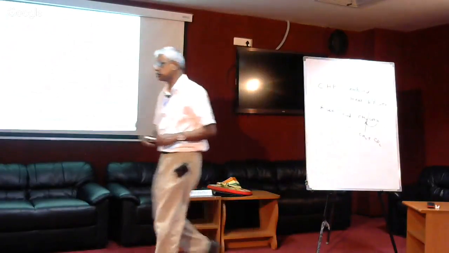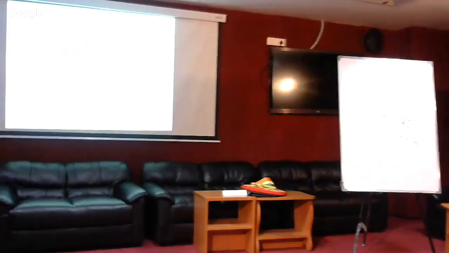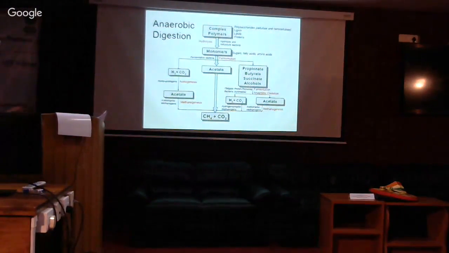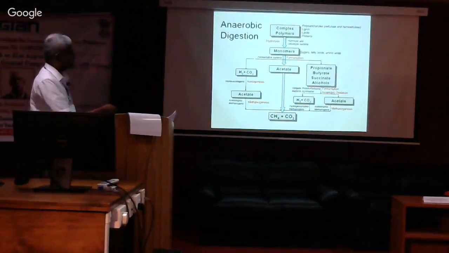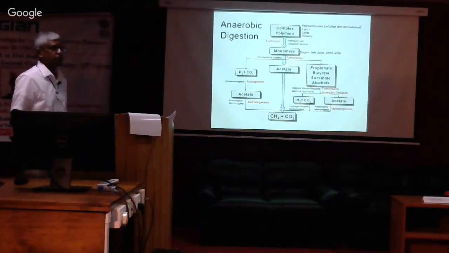So that is what we typically like to promote in our anaerobic digestion, that we go through this route. Or, as I said, what does happen in an anaerobic digester is there is one group that converts this monomer into hydrogen and carbon dioxide. And so, if I want, for example, my system to produce more hydrogen.